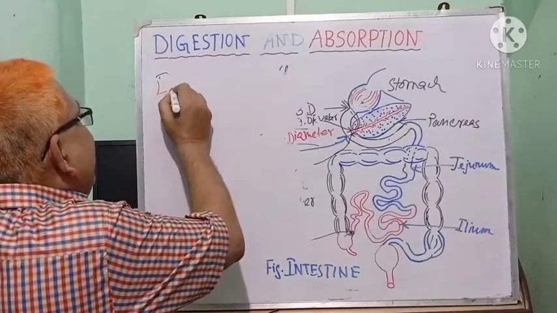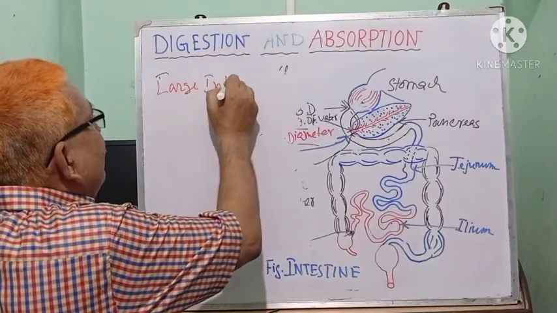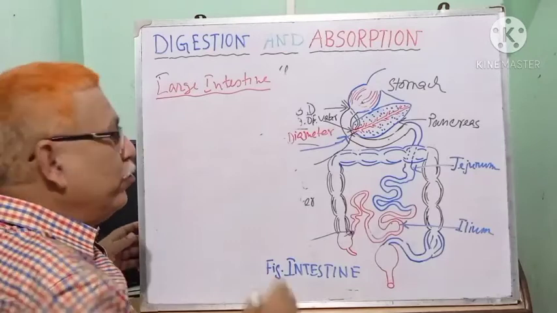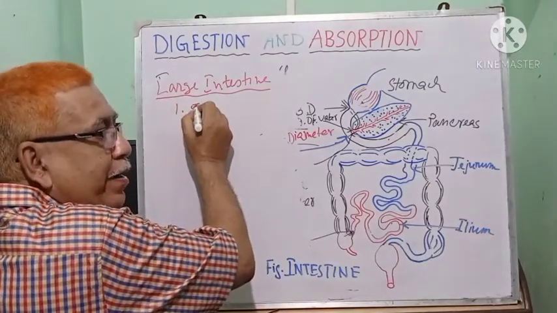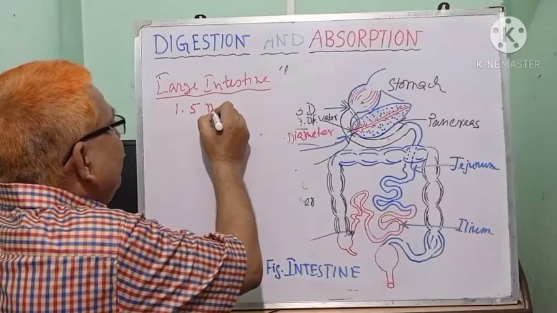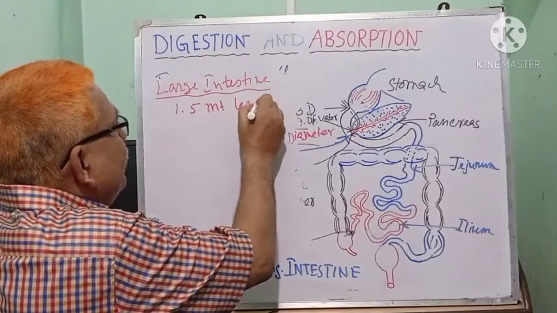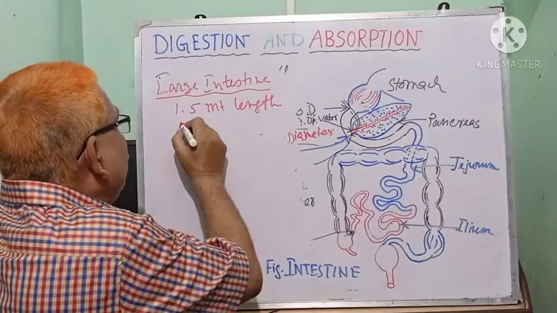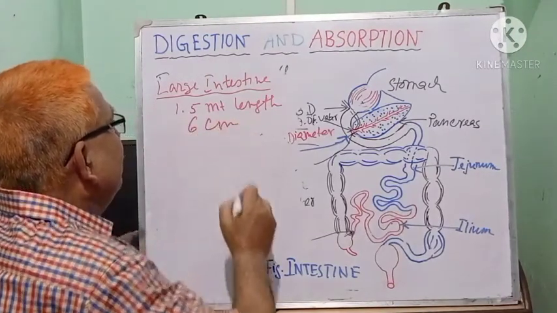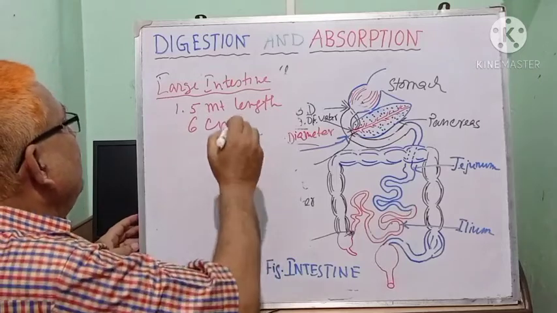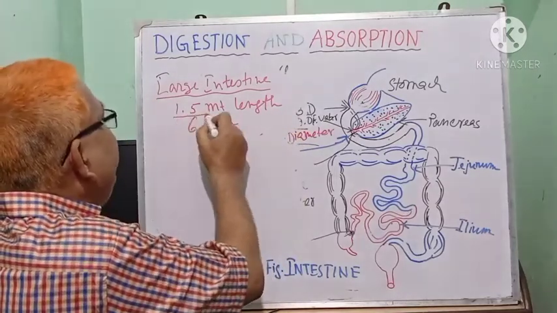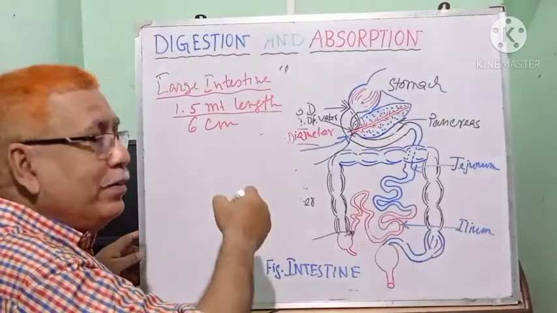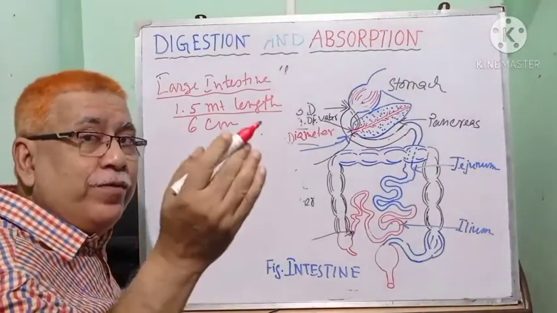The large intestine is about 1.5 meters in length and its diameter is about 6 centimeters. Actually, the length of the large intestine is 1.5 meters and the length of the small intestine is 6 to 7 meters.